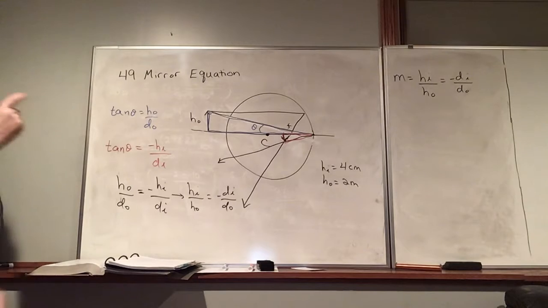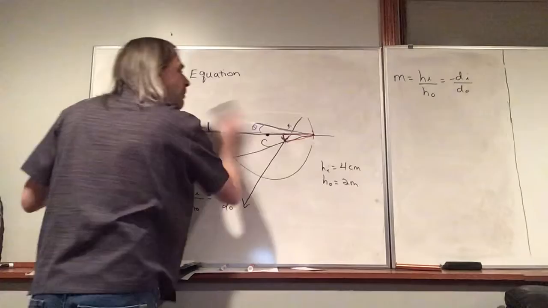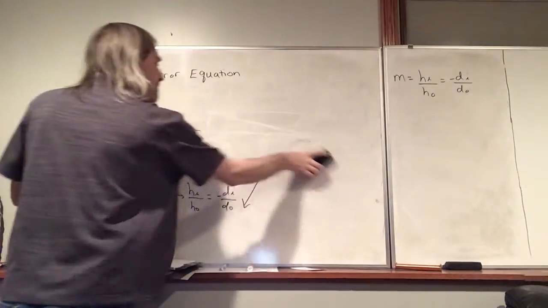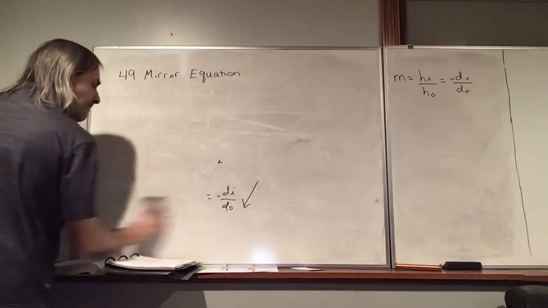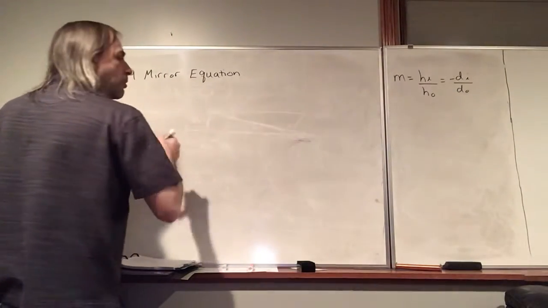Okay, now I want to draw another picture, and I'm not going to try and draw over this because I think I'm just going to erase the screen and start over at this point. So let's get rid of this. You redraw this spherical mirror.